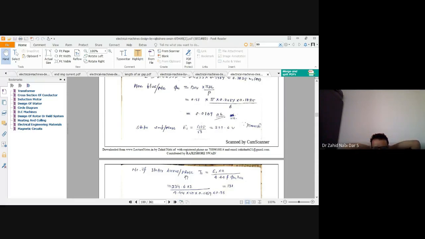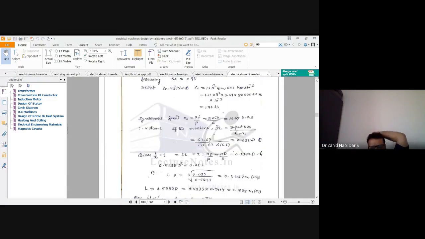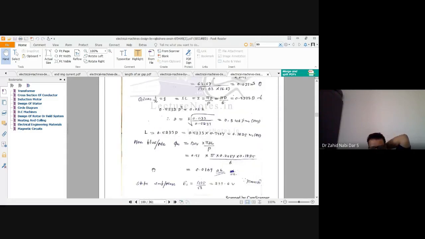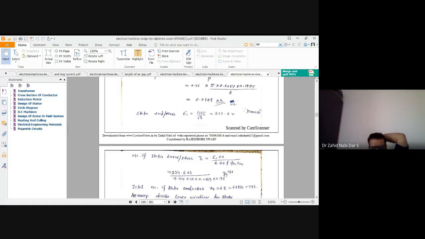But here the number of paths is also given, A is equal to 2, so that also we have to consider. That's why I took this problem. So the number of paths A also you have to incorporate in the numerator. So this happens to be your value, and you get this value around 132.